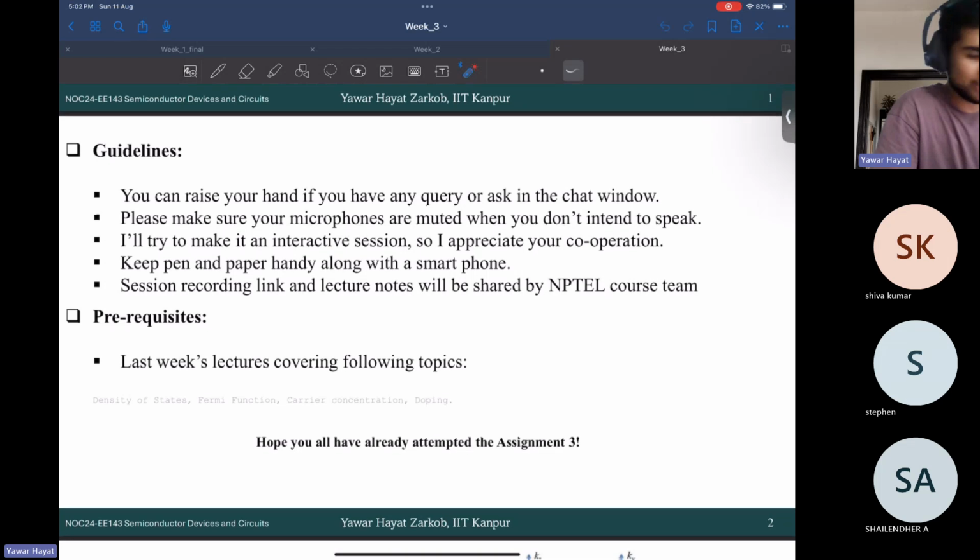Again, let's quickly revisit the guidelines. In case you have any query, you can either raise your hand or you can just ask in the chat window. I'm fine with either of the things. And please make sure your microphones are muted, especially when you don't intend to speak or ask anything.